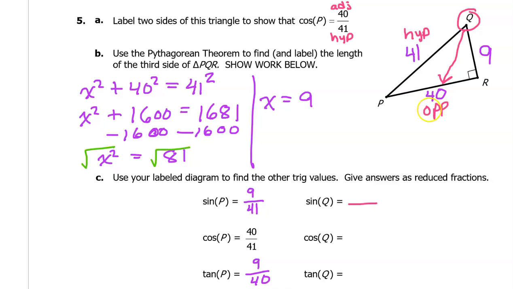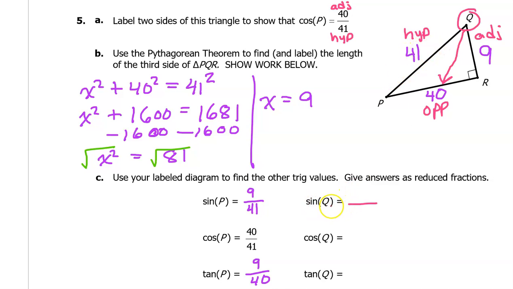So this 40 is now opposite. That means the 9 is adjacent, which makes sense because adjacent means right next to, and the 9 is right next to angle Q. The hypotenuse does not change.